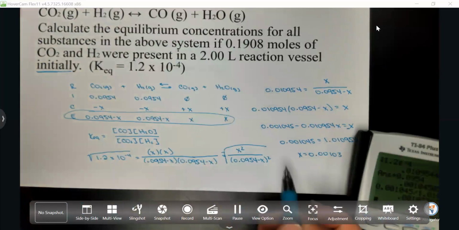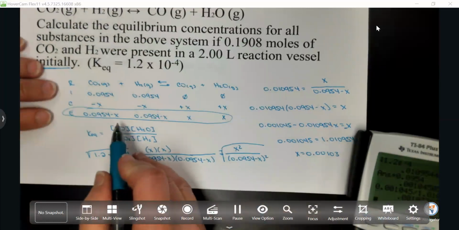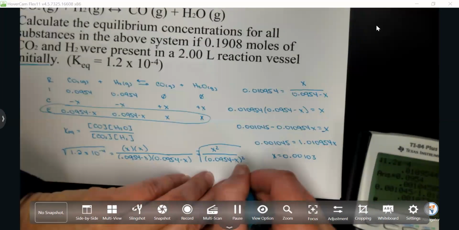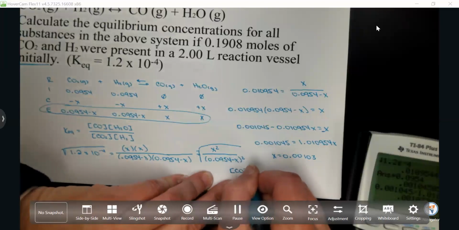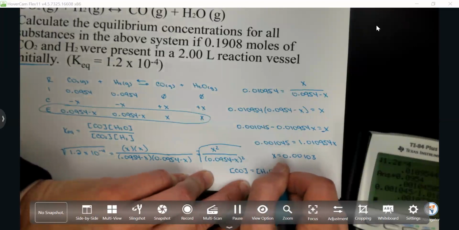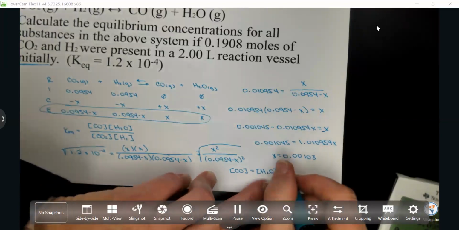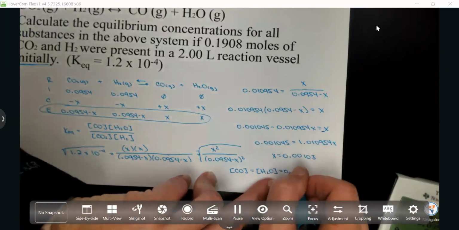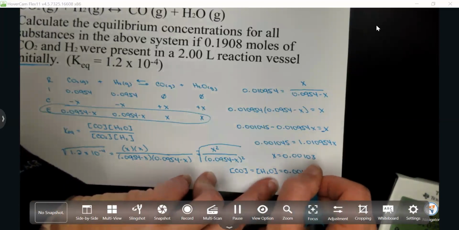So then I have to plug this back into my equilibrium row. So I know that the concentrations of carbon monoxide and water vapor are equal to each other, and they are both equal to X, 0.00103.